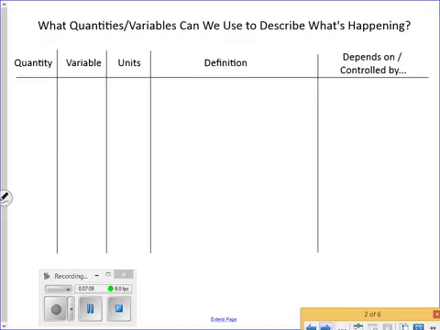Quantities and variables, things that will measure quantities we need to be familiar with. There are a few. One of them is called voltage.